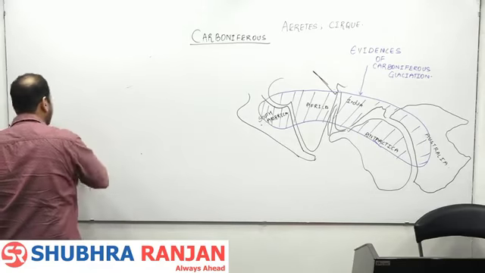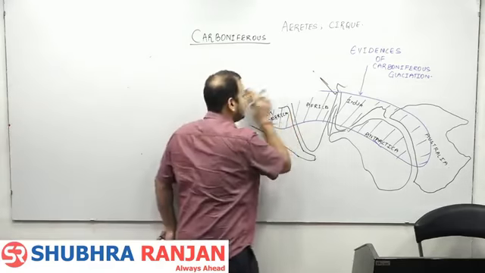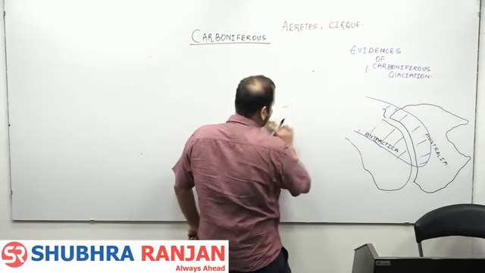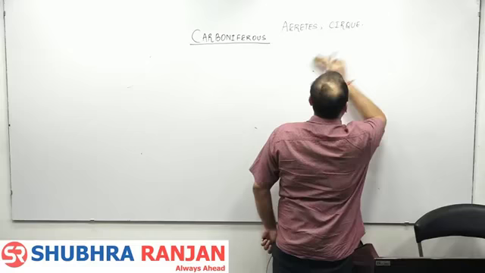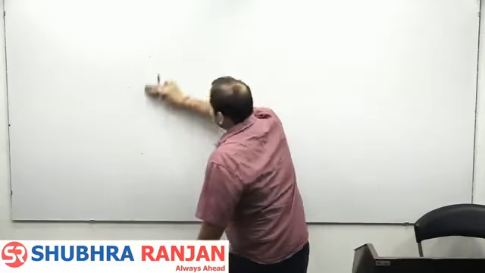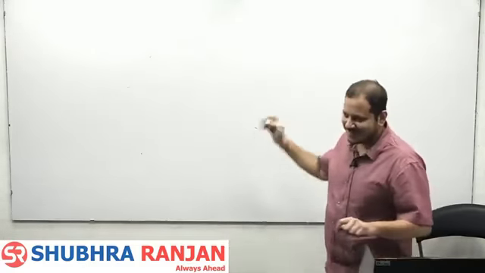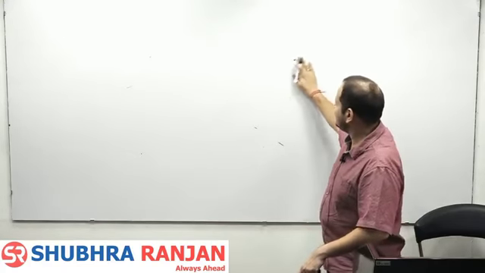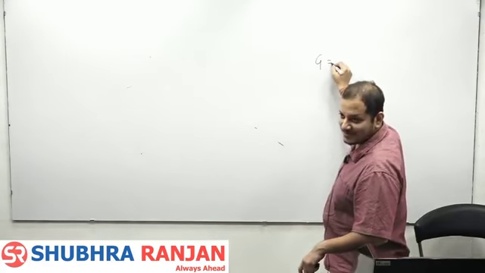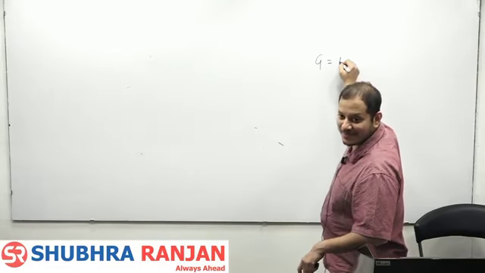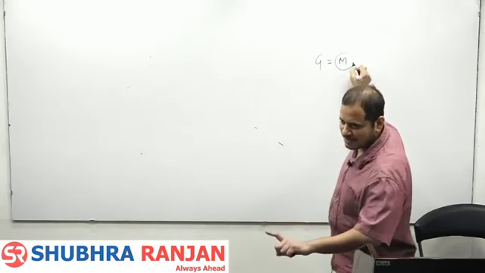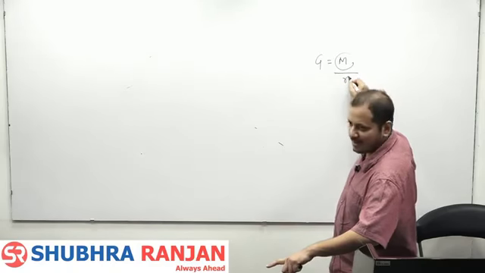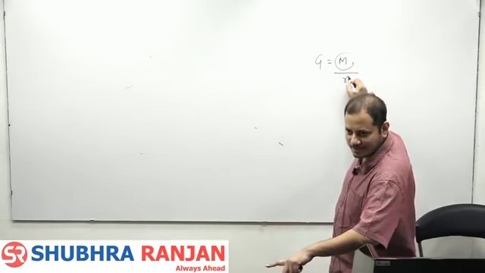Can someone tell me the formula of gravity? Formula of gravity. Mass. G is equal to m by r squared. So, forget about other things, r is down or up?